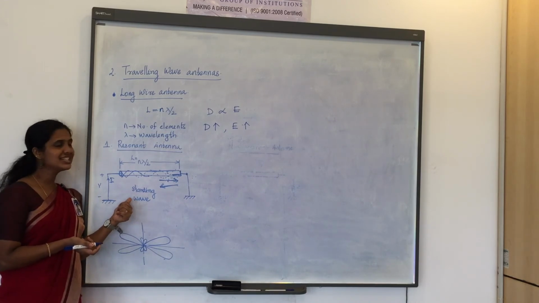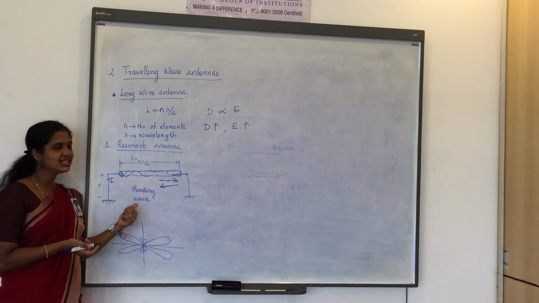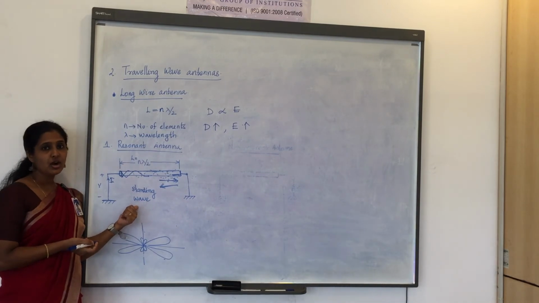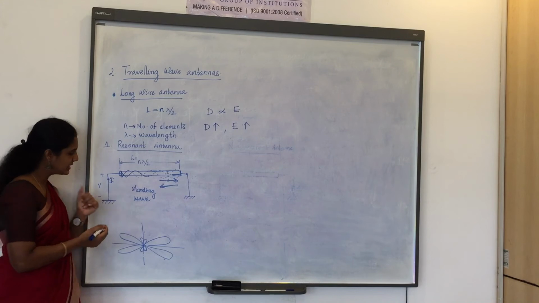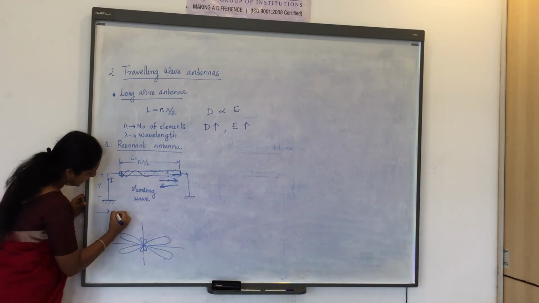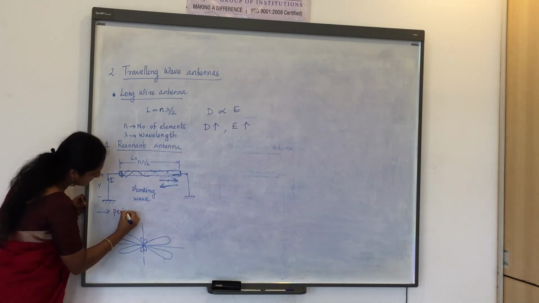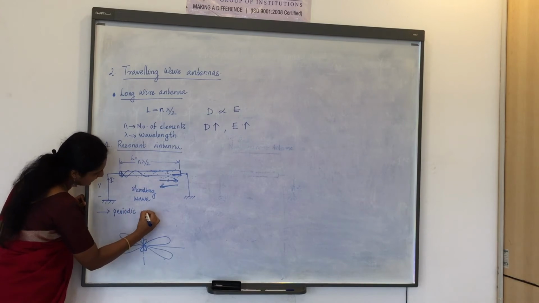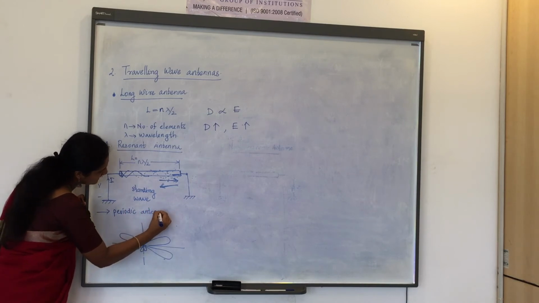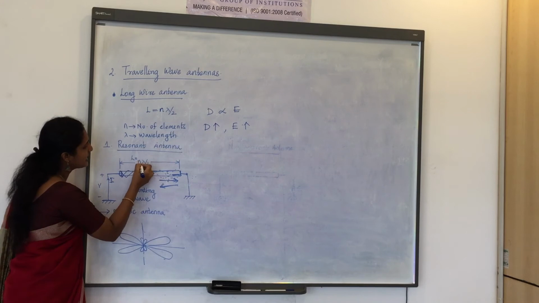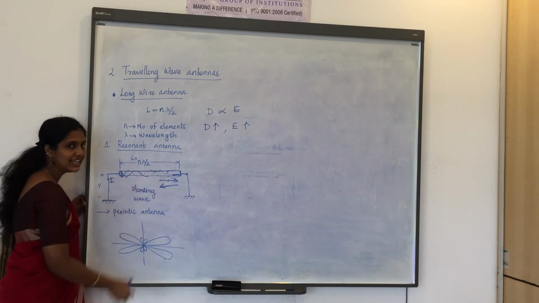So this resonant antenna is also known as a standing wave antenna. Another name for this antenna is periodic antenna, because the length of the antenna, n into lambda by 2, changes periodically.